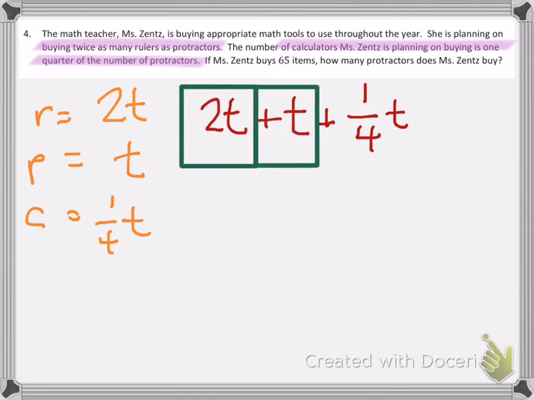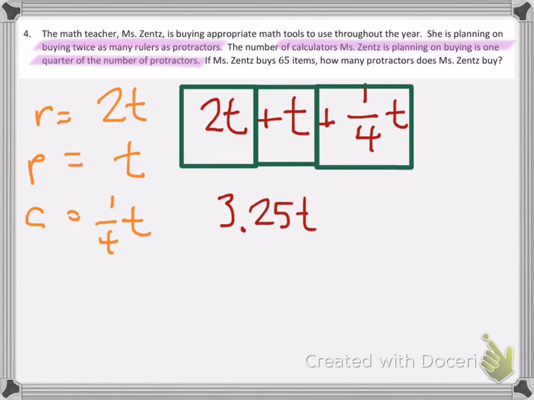This term has a variable t. This term also has a variable t, so I can add them all together. 2t plus 1t is 3t, and that's 3.25t is equal to the total, which is 65.